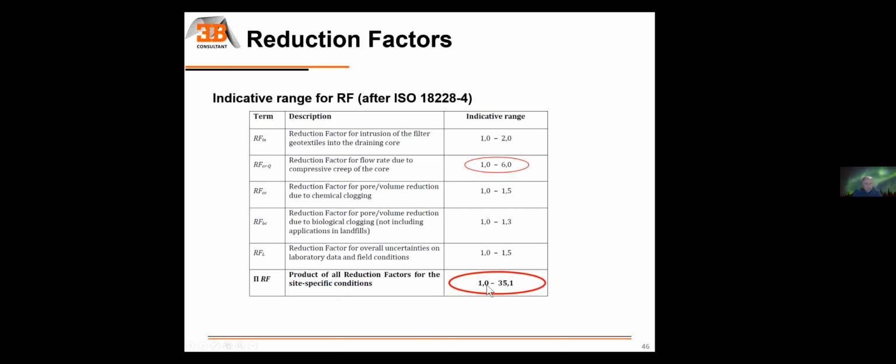It's never 1, it's always more than that. But theoretically, you could have a reduction factor of 1 or of 35, depending on the conditions you consider. The most important being the creep reduction factor. Some products can require a reduction factor of 6 or sometimes more, which is going to make a tremendous difference.